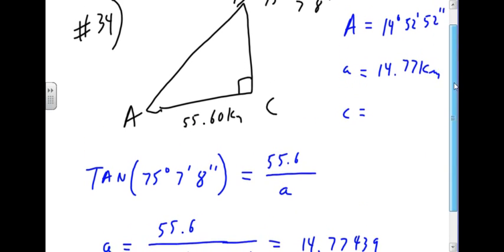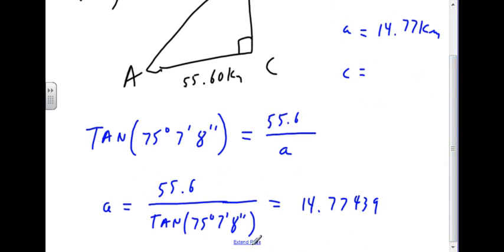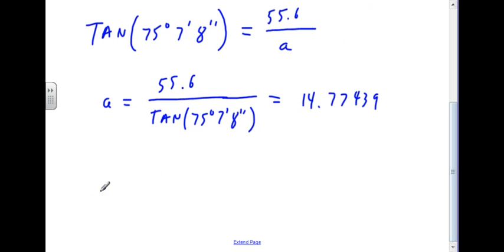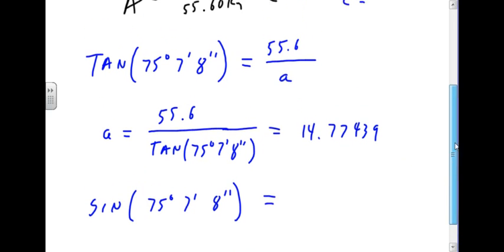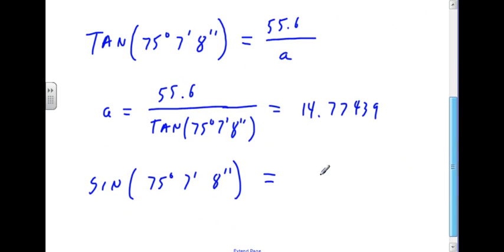All right, and then we'll use the cosine function. No, we won't. We use the sine function. The sine of 75, 7, 8 is equal to the opposite, 55.6, divided by c, the hypotenuse.